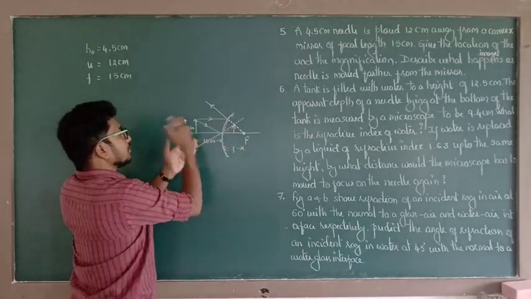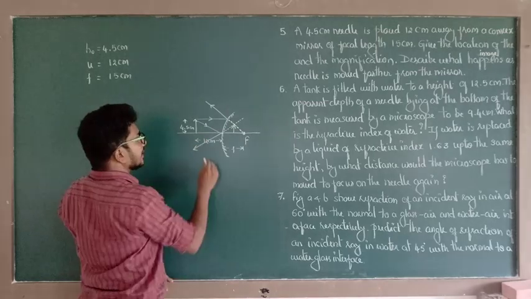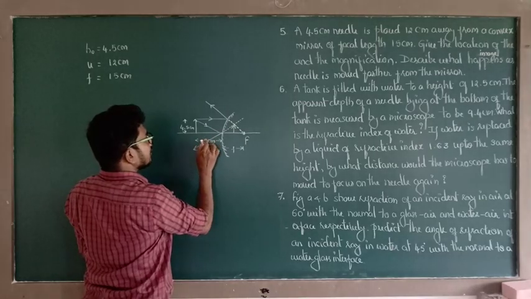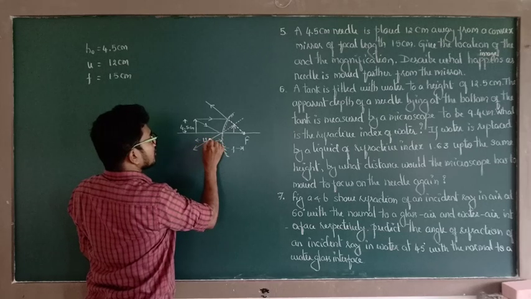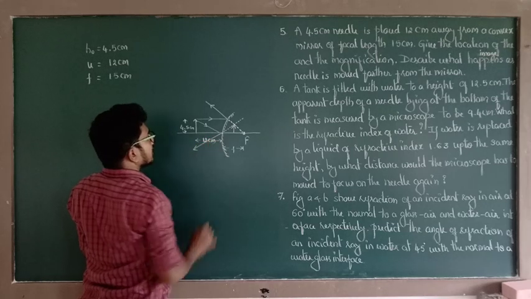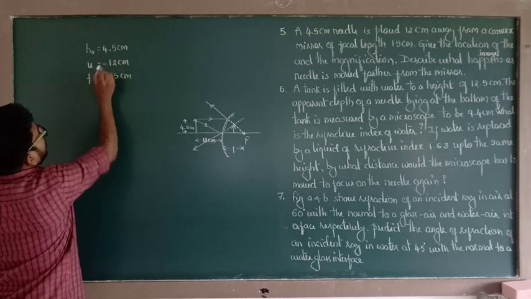The direction of measurement is right to left. Therefore, this distance should be negative, that is, u is minus 12 centimeter.